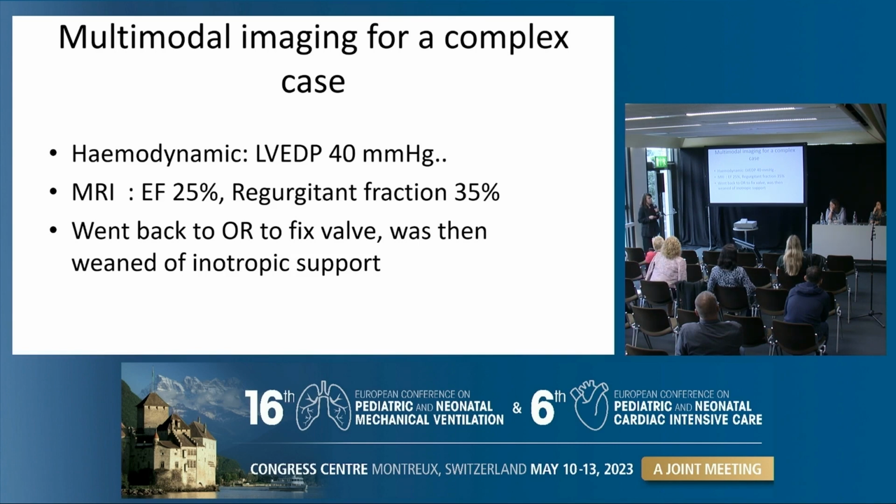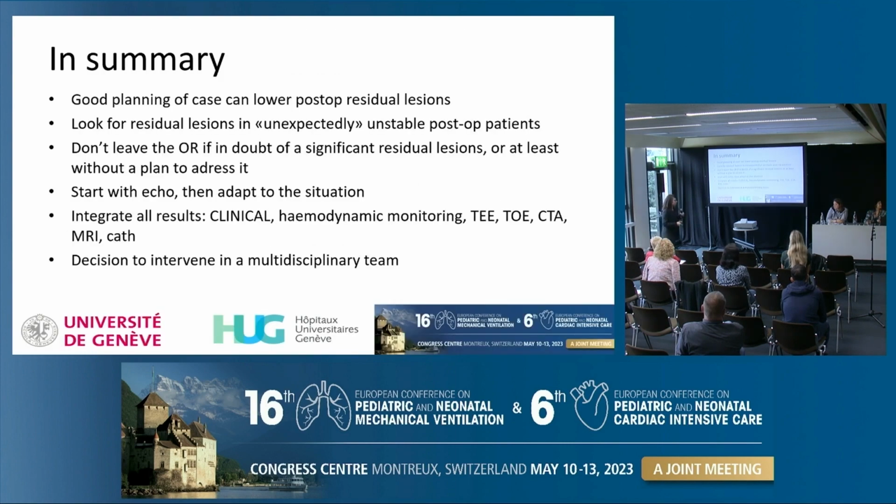And we went to the MRI, and actually, of course, the ejection fraction of the left ventricle was low, but what was a bit unexpected was this regurgitant fraction of 35% of the aorta, which was completely underestimated by our echo. So he went back to the OR, had his valve fixed, and was then able to be weaned from inotropic support. I'm not going to tell you that his left ventricle is perfect now, but at least he's doing well with no inotropic support. So I'll come back to my place. Thank you so much.